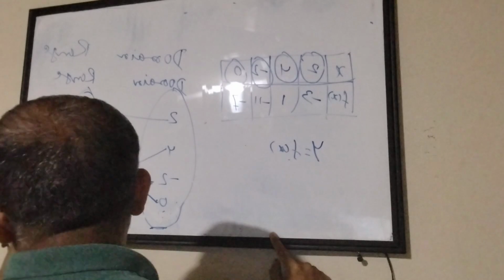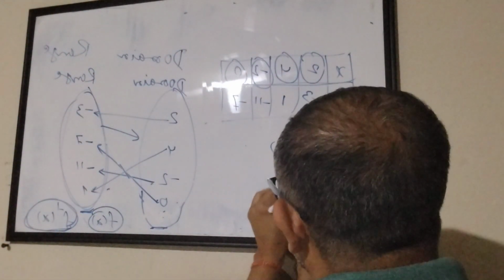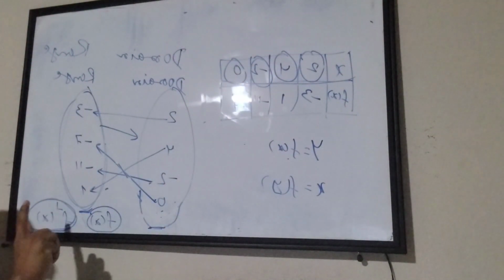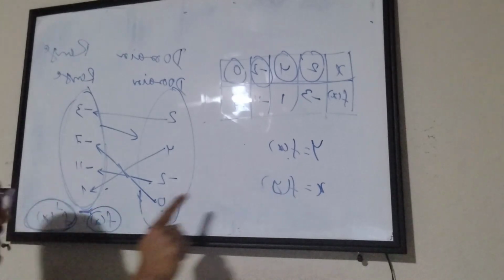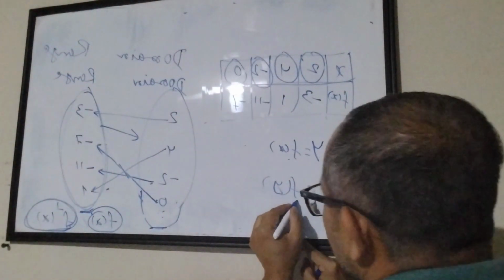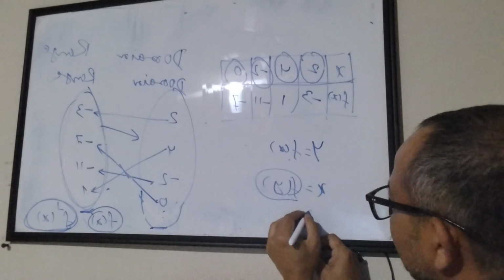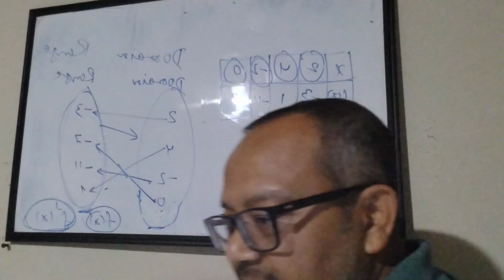Now when I am going here, my x becomes a function of y. From this side, my x value becomes a function of y. And instead of saying x is a function of y, we say this is the inverse function of x.